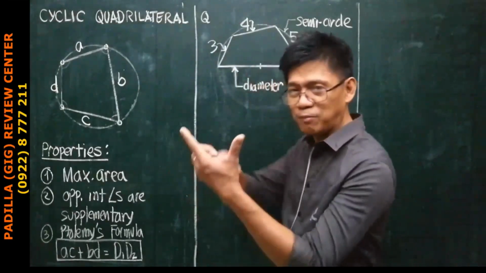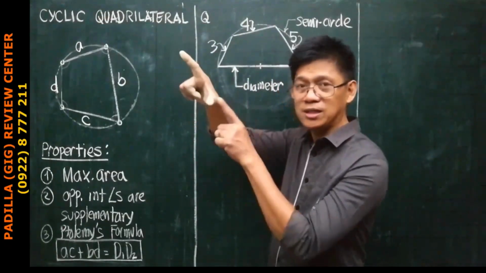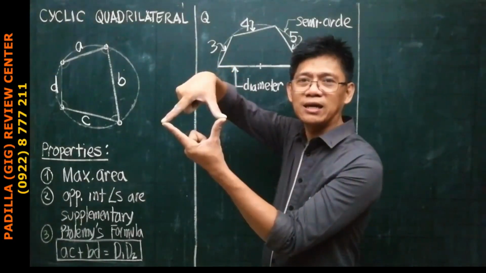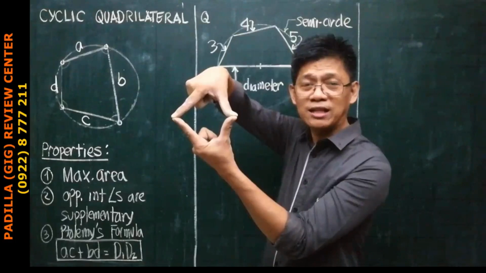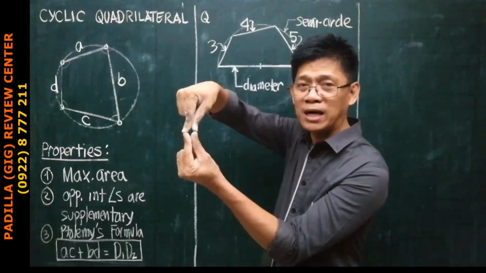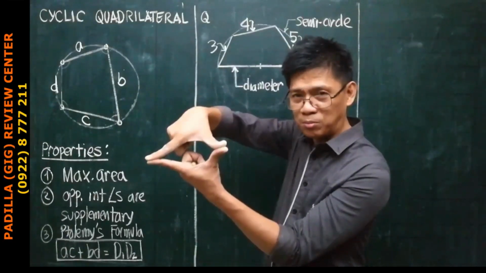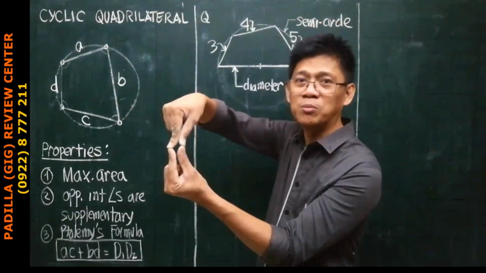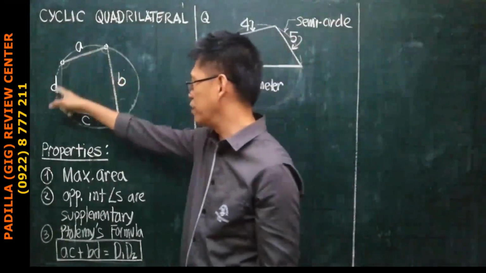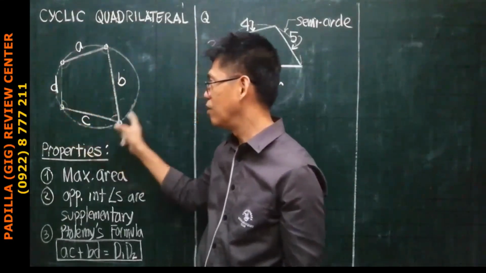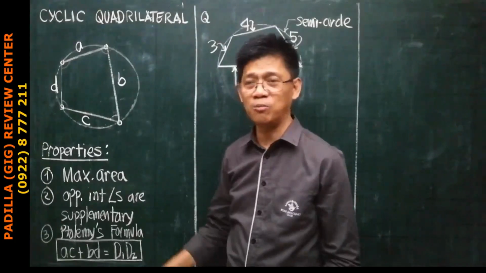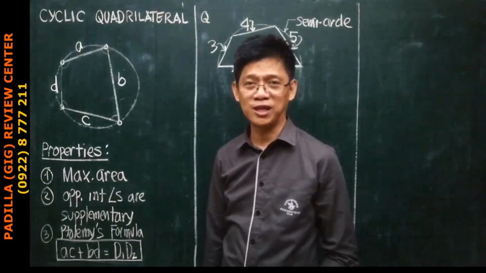If these are the sides A, B, C, and D, a quadrilateral is not like a triangle. For a quadrilateral, there are many areas that can be formed, from maximum to minimum to maximum to minimum. The time when its area is maximum is when all the vertices fall on a circle. But we will not prove that as of now because we don't have calculus yet.